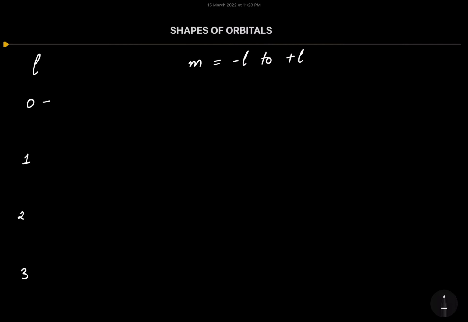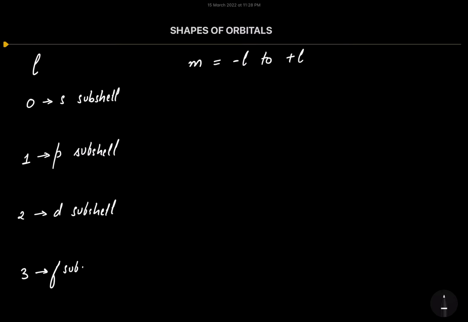The 0 value specifies s subshell, the 1 value specifies p subshell, the 2 d subshell and 3 f subshell.